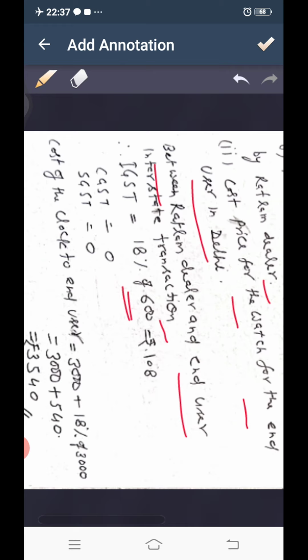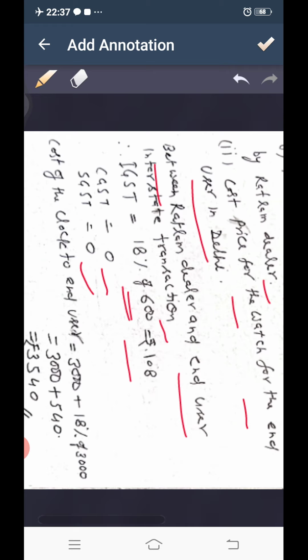So tax charged on profit is called tax due, that is called tax liability. So liability of IGST for Ratlam dealer is 18% of 600, that is 108 rupees. No CGST, 0. SGST, 0, because it is interstate transaction.